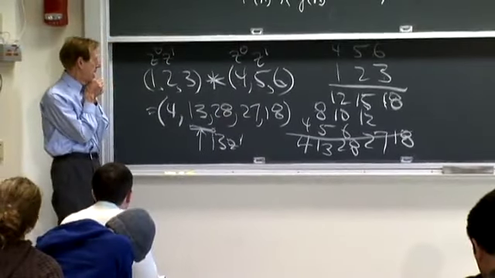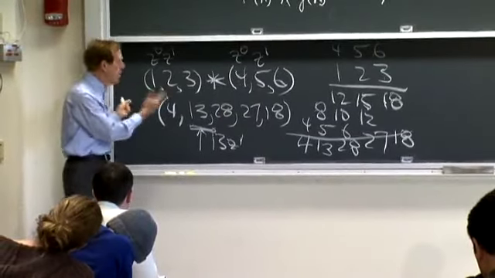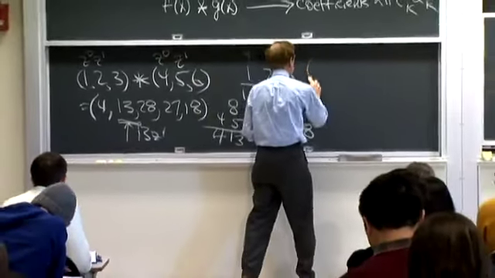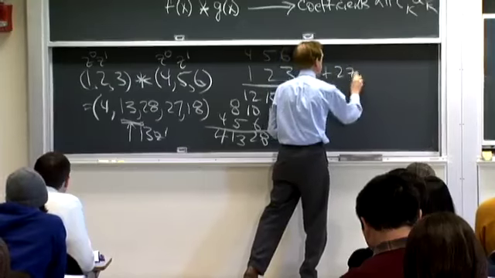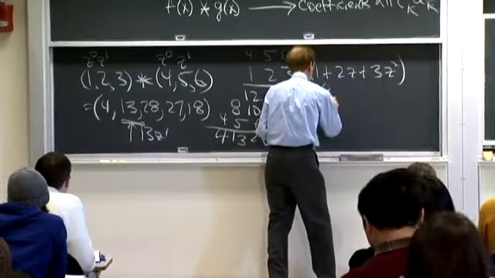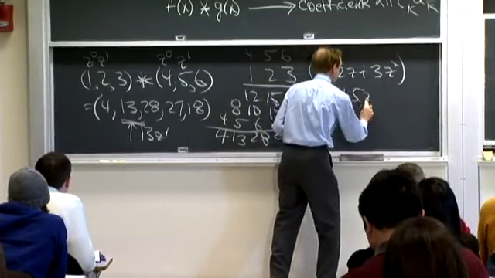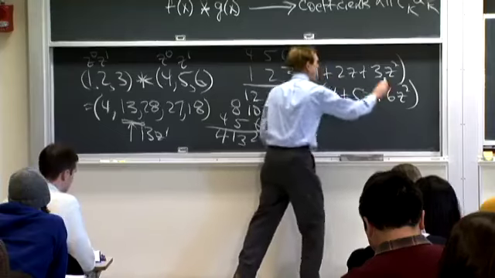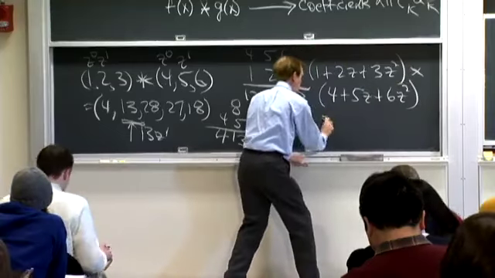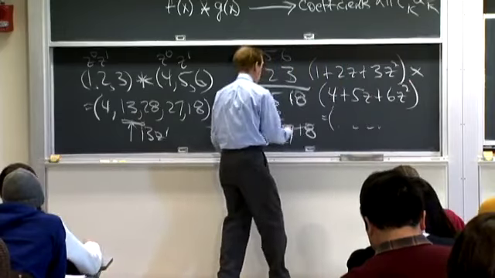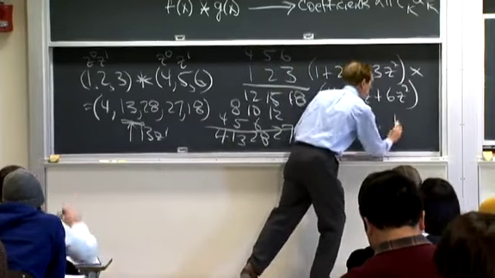Okay. So, and what does that correspond to? Let me just, so you see it every way. That corresponds to 1 plus 2z plus 3z squared multiplying 4 plus 5z plus 6z squared, and it gave this thing up to 18z to the fourth.